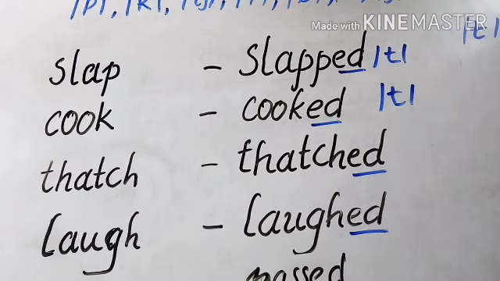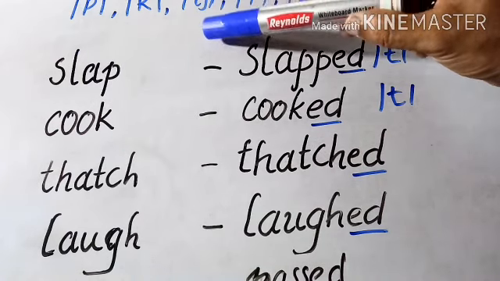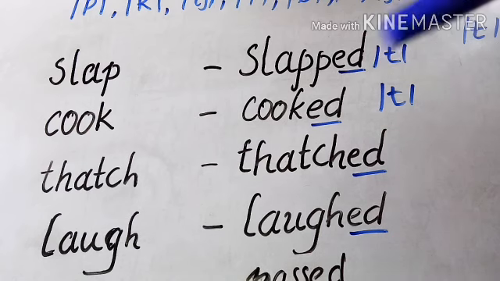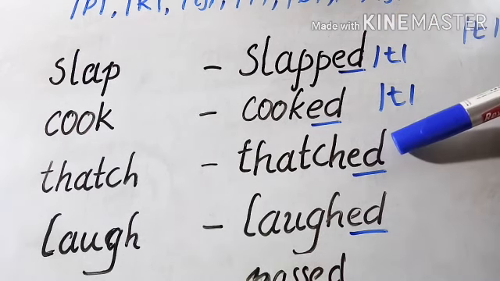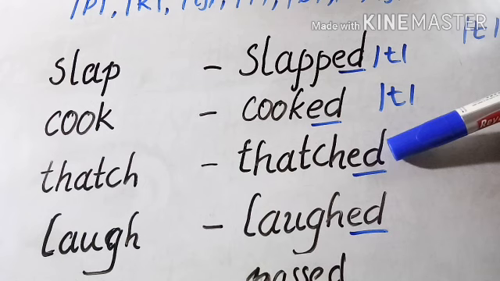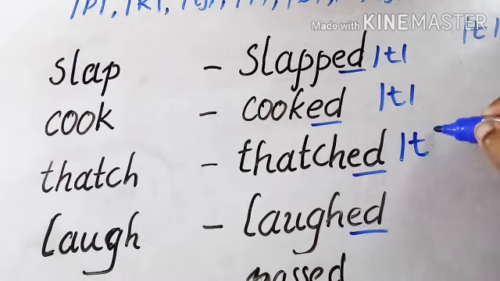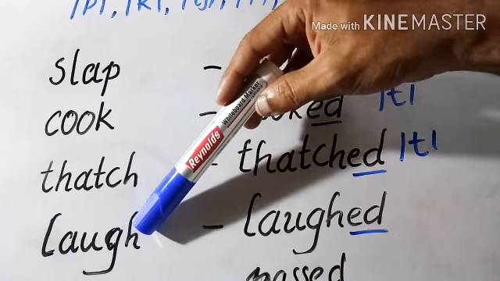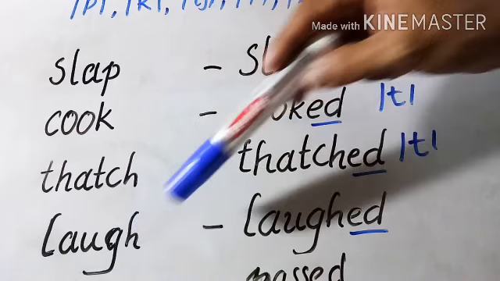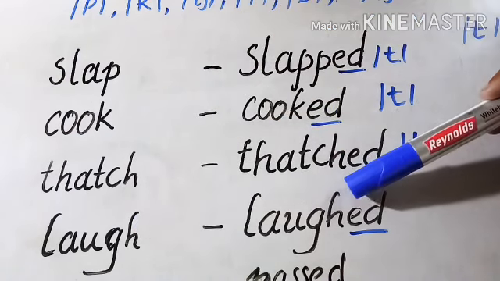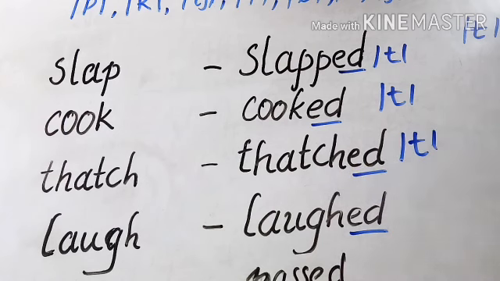Next one is thatch, ch, as we can see here. When we add ed to this, it becomes thatched, not thatched. Next one is laugh. This f is also a voiceless consonant. L-A-U-G-H-E-D, laughed, not laughed.